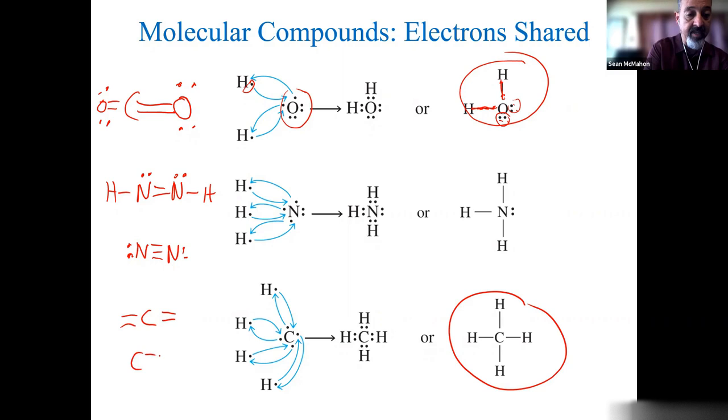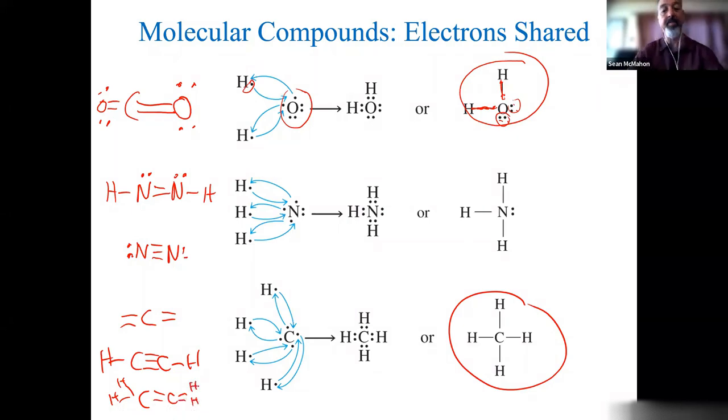With the acetylene example, I could see where I have a triple and a single. That was the acetylene, right? Or I could have a double and 2 singles. Like in this case here with ethane or ethylene.